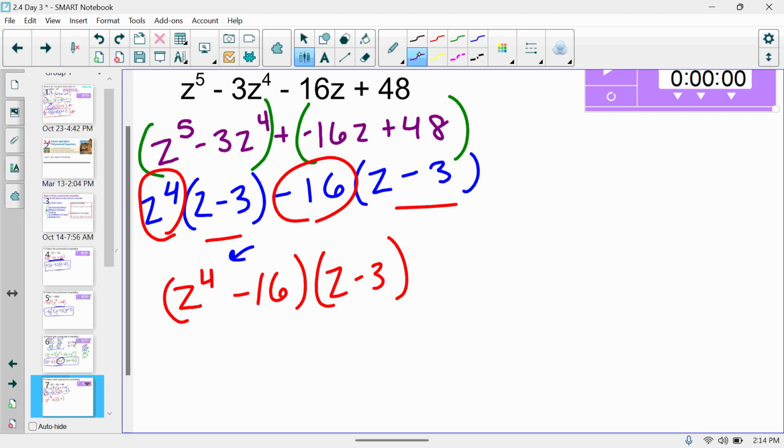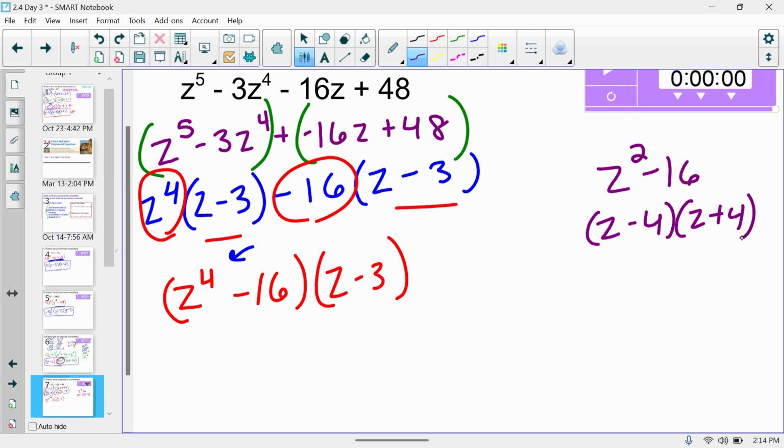Let's think about that off to the side for a second, guys, because that's a quartic polynomial, it's degree 4. But I want you to pretend like it was degree 2 for a second. Because if it was degree 2, I think you would know what to do with it, like z minus 4 times z plus 4, right?